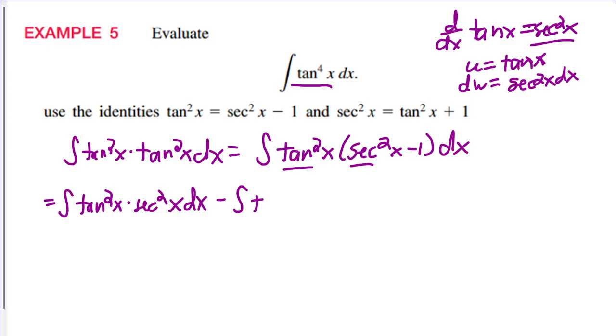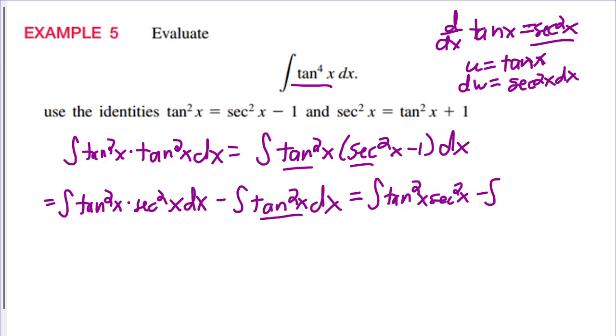The minus came out as the minus in front of the integral. So we have tangent squared of x dx. We don't have a good formula for a way to integrate tangent squared, so we're going to switch that back into a secant squared as well. So now we're going to get the integral of tangent squared of x, secant squared of x, minus the integral.